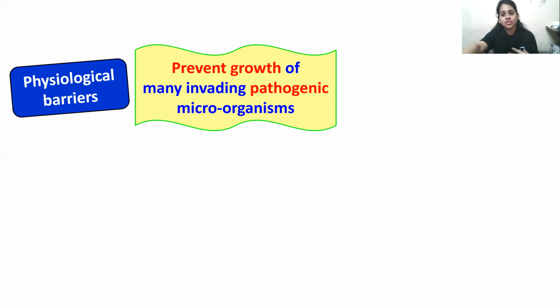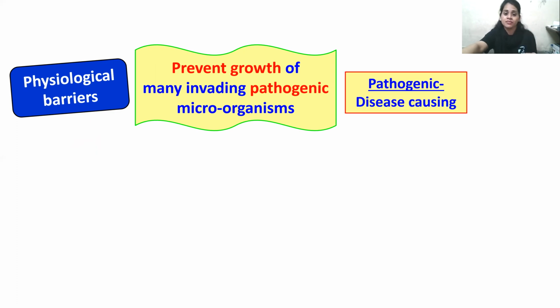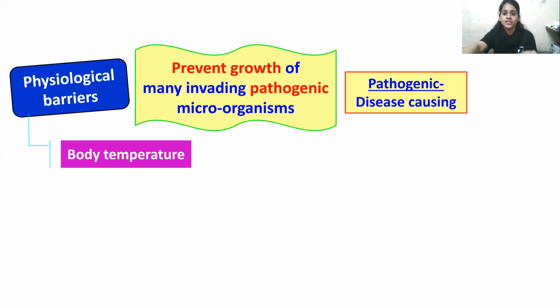So, here the pathogen has gone inside, but it is going to prevent the growth of that microorganism in our body. It prevents the growth of these pathogenic microorganisms, which are disease causing organisms that go inside our body. Here we are going to talk about body temperature, pH, and body secretions.